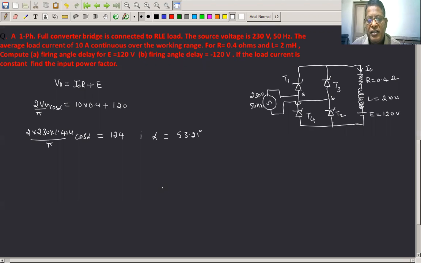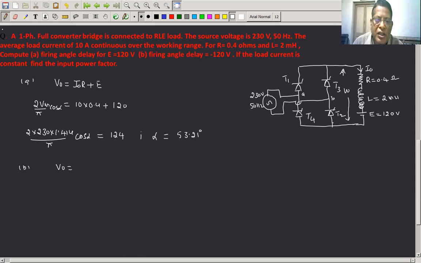Now in the second case, this is the first case. In the second case, E is minus 120 volts. Nothing but the polarity of the voltage will be reversed in the load. The polarity of the voltage reversed in the load is nothing but inverter operation. This is case A. In case B, now V naught equal to, if you apply the KVL here, this is V naught.